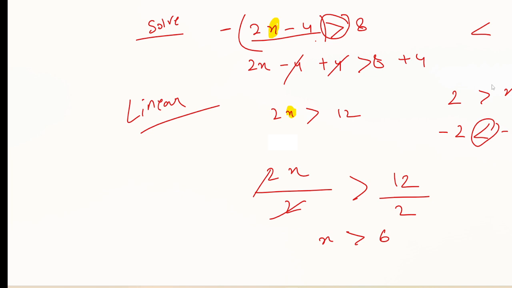Then algebraic fractions. How do we solve an algebraic fraction? Let's take an example. Suppose 4x plus 8 over 2. You have to factorize or simplify it. We can see in the numerator 2 is common, right?